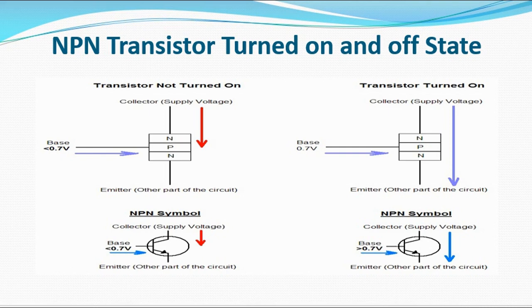Both of them have 0.7 volts. The same thing applies in the turn-on state. It also has 0.7 volts. Here the arrow changes. That is why we have inequality. Here is greater than, while the other one, in terms of the PNP, is less than 0.7. In terms of NPN, it is greater than 0.7.